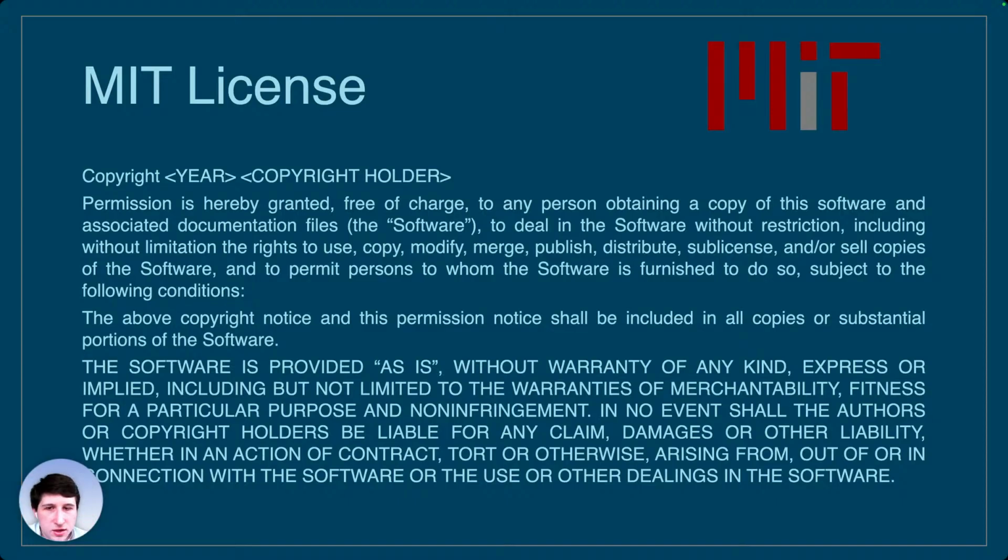The middle part says the above copyright notice and this permission notice shall be included in all copies or substantial portions of the software. That's that acknowledgement clause we were talking about. So you can do whatever you want with it with only one restriction, and that's that you must acknowledge that you got this software and included it in your own software. That's the only requirement of the MIT license, which is the most popular open source license.